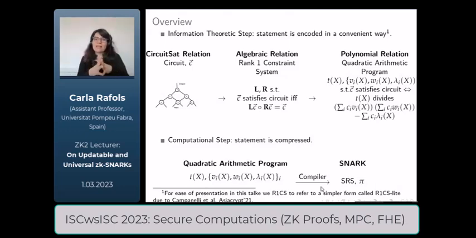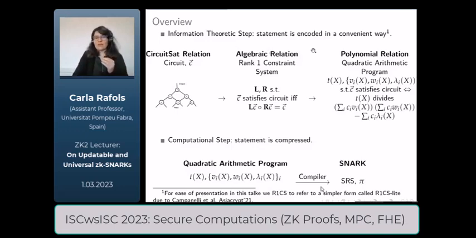This is just a rewriting, and then the essential point is that we remodel this algebraic relation as a polynomial relation. So this algebraic relation is written in the form: the circuit is satisfied if a certain polynomial divides a certain product. Why is this interesting?